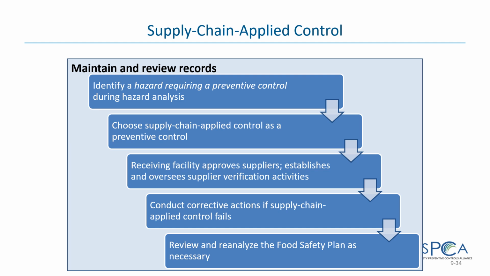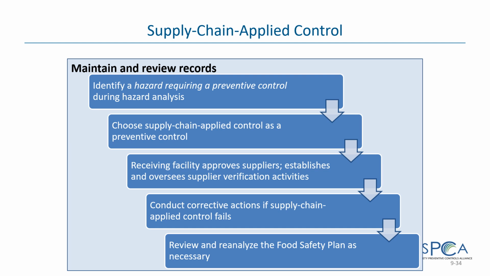And then some records and justification that say that a supply-chain-applied control is the best control for this. After we've made that decision, we need to go through the supplier approval process, documenting all of that and those decisions, and establishing those verification activities for each of our suppliers.